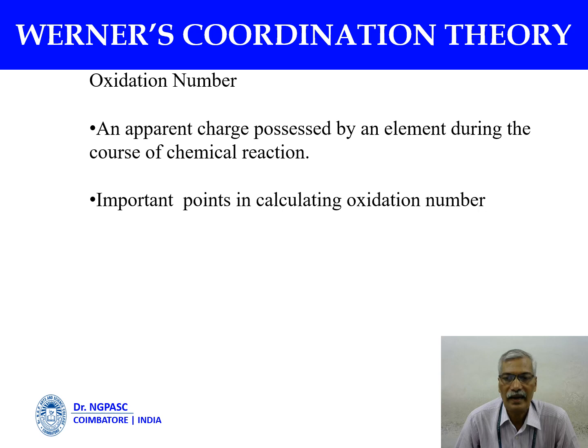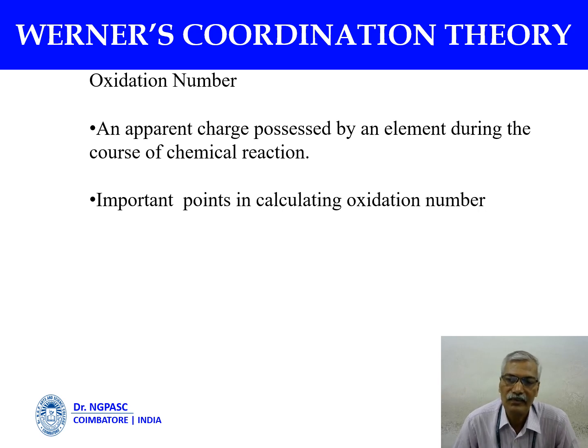hydrogen, which used to possess +1 as an oxidation number, but there is an exception, except in metal hydrides. Similarly, oxygen always possesses -2 oxidation state, except in peroxy compounds.